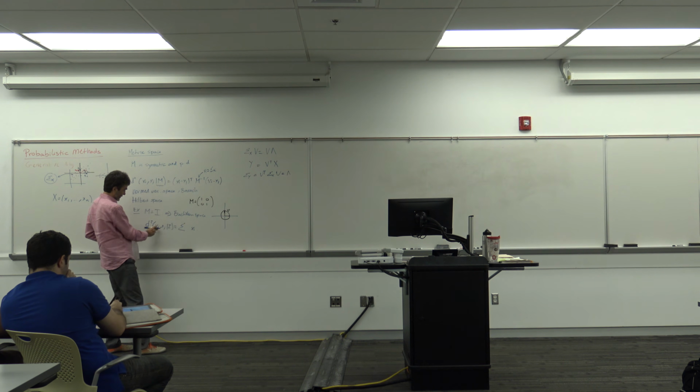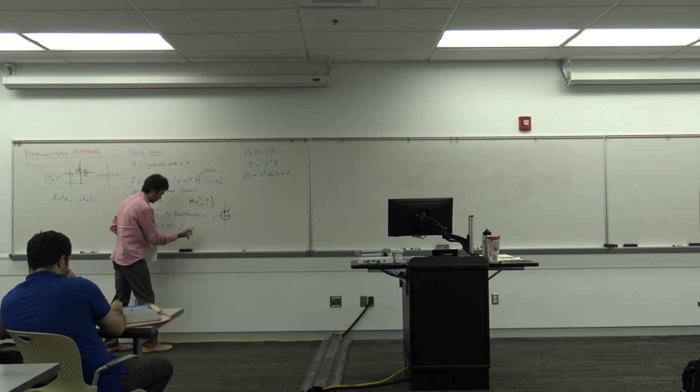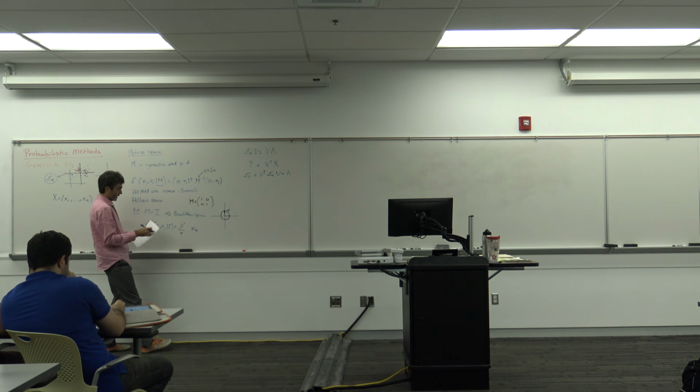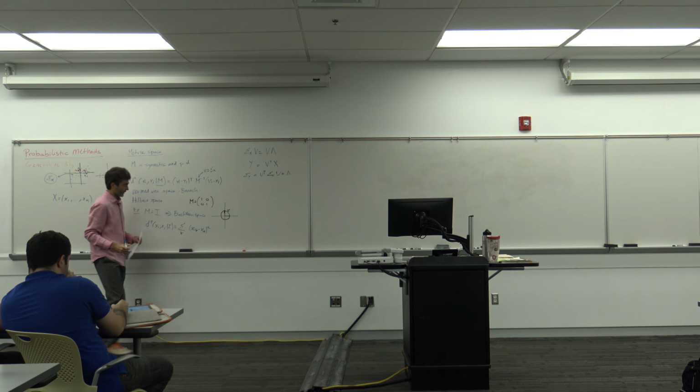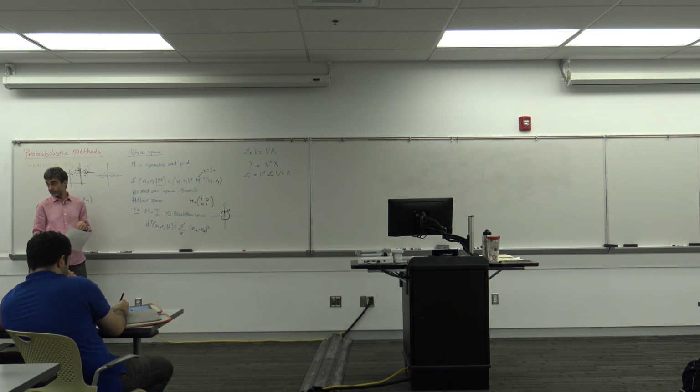I have xi and xj, so I'm going to sum over, let's say, k. So for every k, the xik minus xjk squared, right? This is what this means.